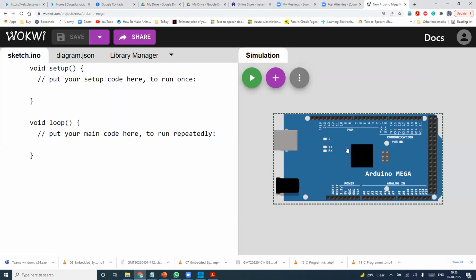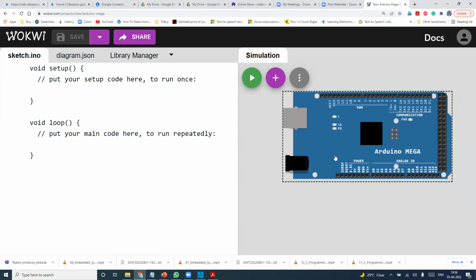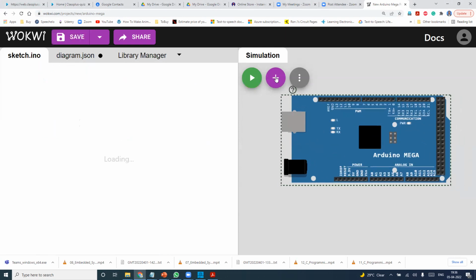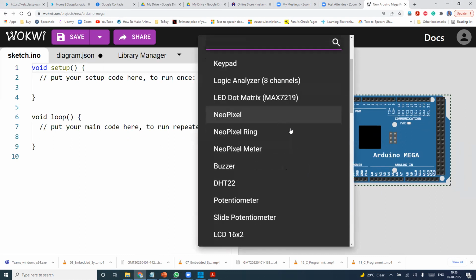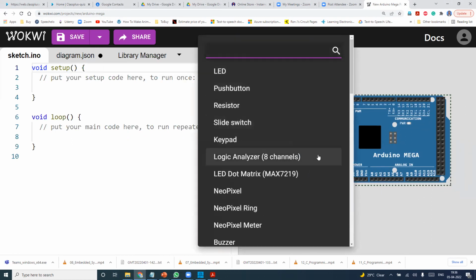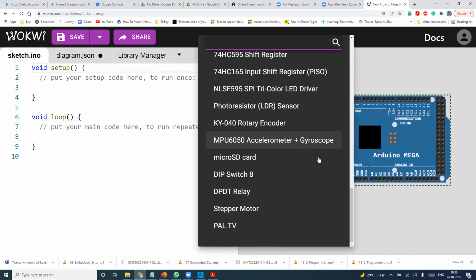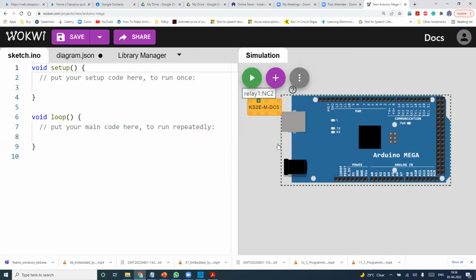Now you connect here. You'll be able to connect anything here, as we discussed already, LED, everything. You also have relays. See, you have a relay.